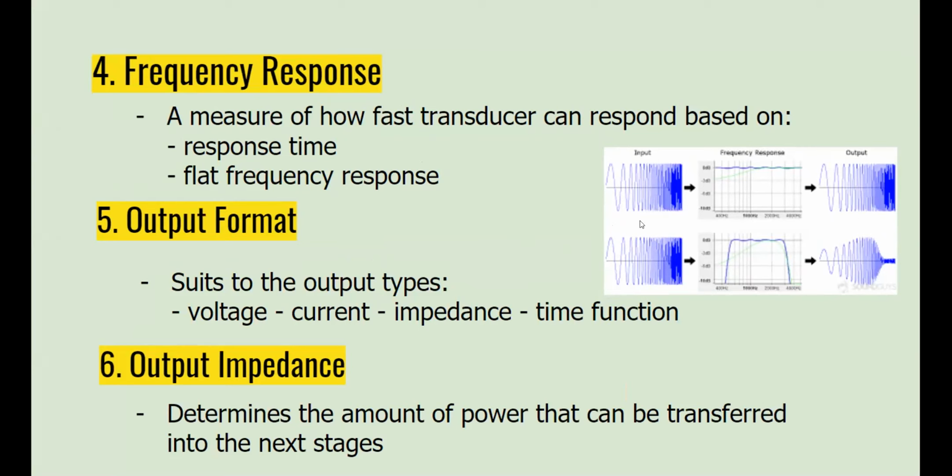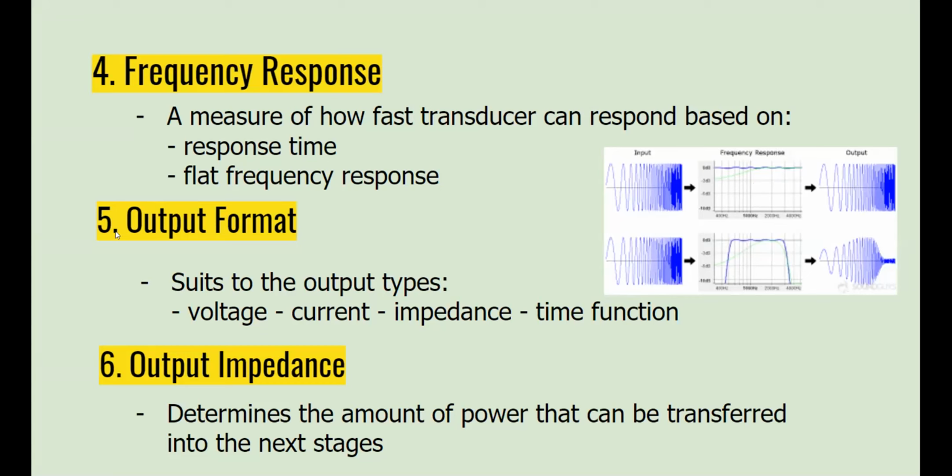As we can see in the picture, before the transducer we have the power supply first, and then the transducer. The input into the transducer will be generated into this flat frequency response. Whenever the frequency response is flat, it is better in terms of output.